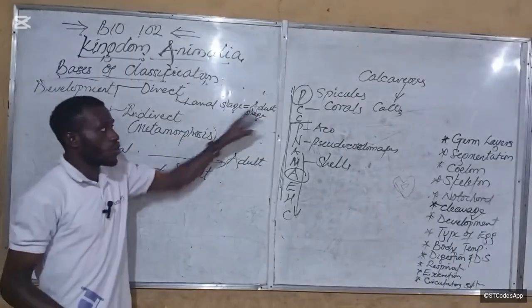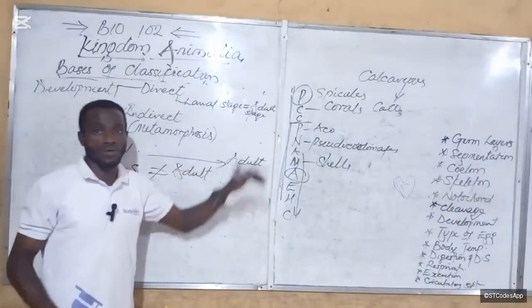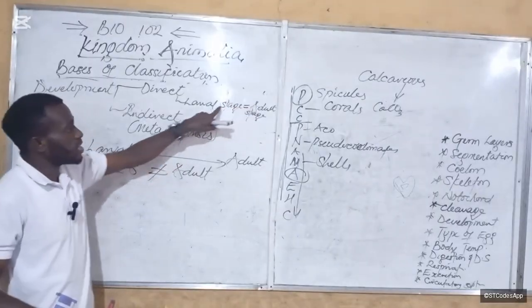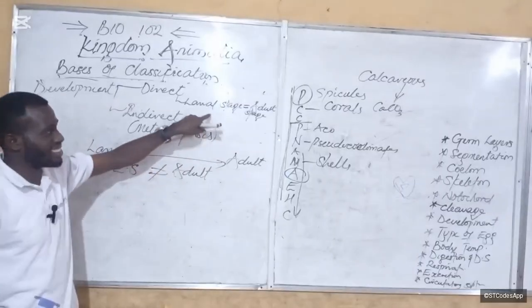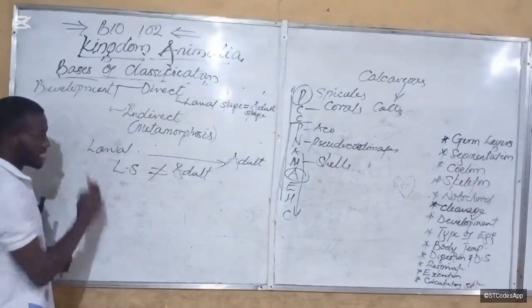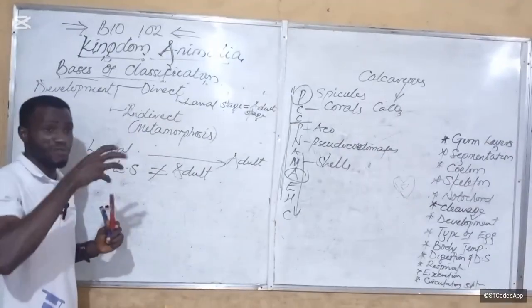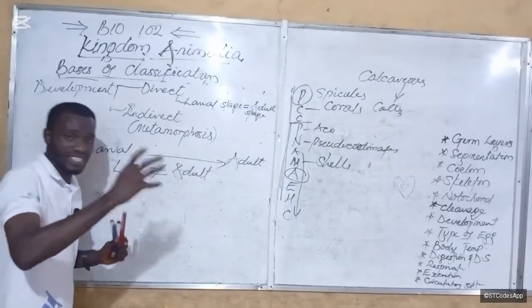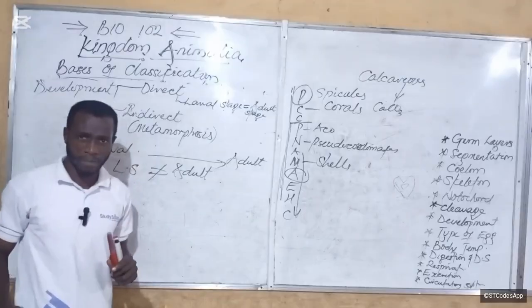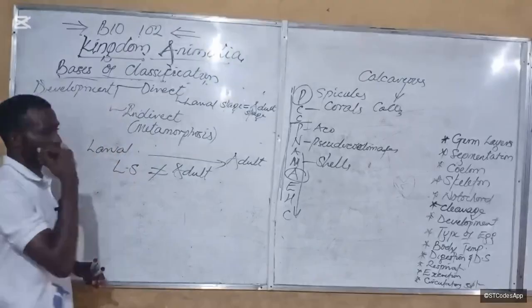Unlike these guys, whose larval stages and adult stages are very similar, so there is the possibility of high competition and depletion of resources. Unlike these guys, whose different forms at different stages of life feed on different things. Does that make sense? All right, so that's an advantage for them.